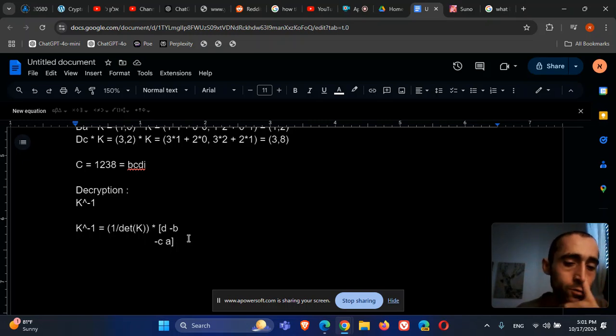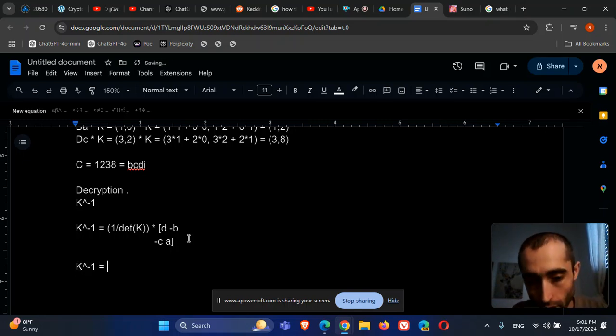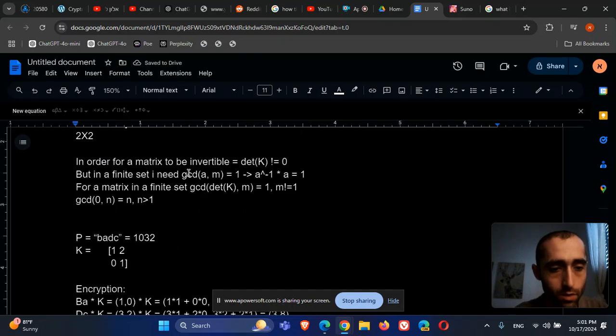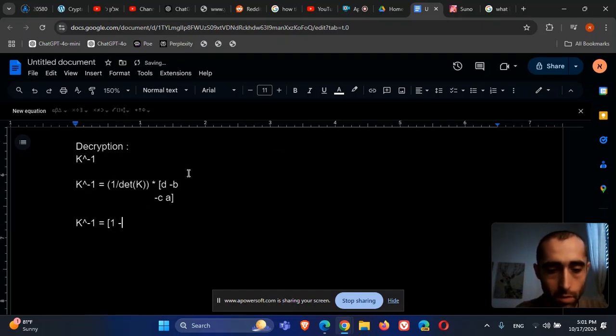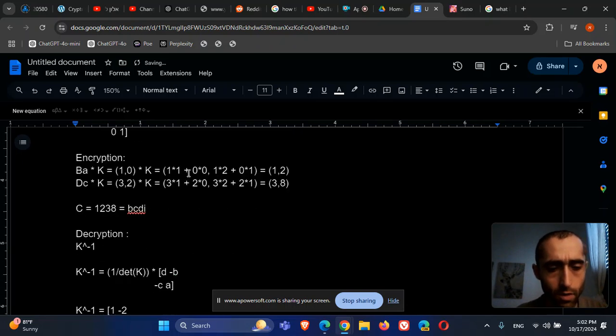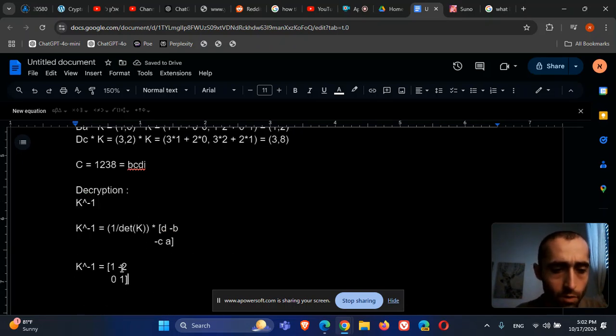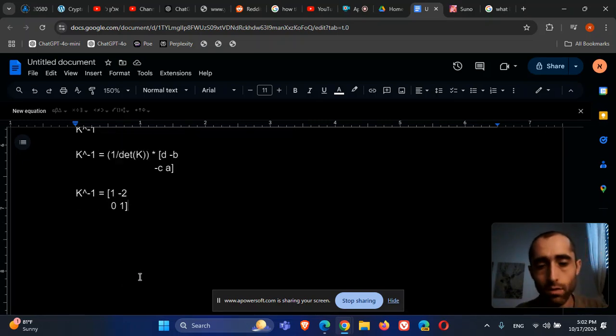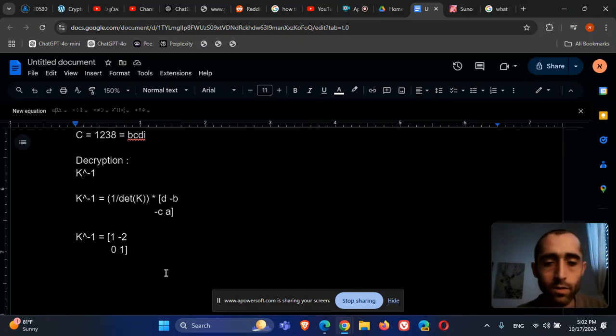Now, I'm not going to actually go through calculating it. I'll just tell you that the inverse should be, if I remember correctly, 1, minus 2, and here 0, 1, right? Yes, if I remember correctly, for the inverse of this matrix you just put a minus here. But maybe I'm wrong. It doesn't really matter. The idea is that you understand how to do the Hill cipher.